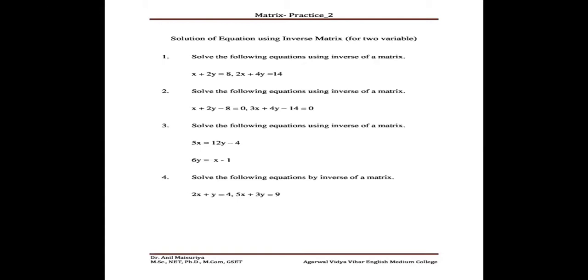But in some situations, after 1 year, we might forget the price. Then after a year or 2 years, if you want to find that price, you can use the inverse matrix to solve this type of equation. So let us try to solve this practical question.